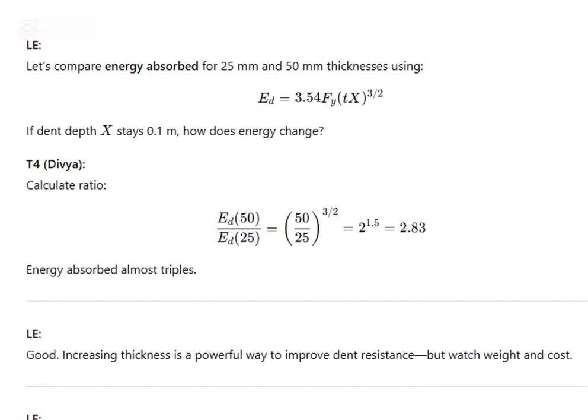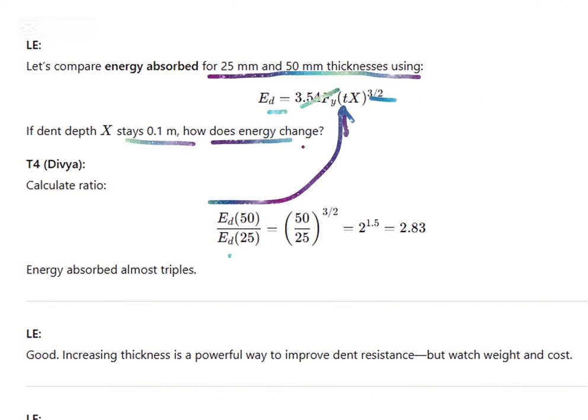Let's compare the energy absorbed for 25 mm to 50 mm thickness. Put in the values of 25 mm and 50 mm and compare the ED value for 50 mm with that for 25 mm. The constant 3.57 gets cancelled, so we take the power 3 by 2. Dent depth X stays at 0.1 meter. How does energy change?